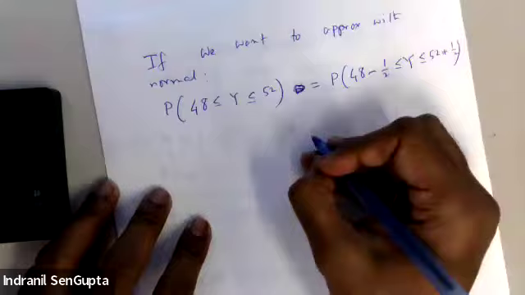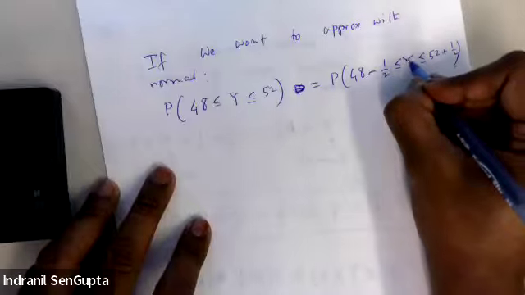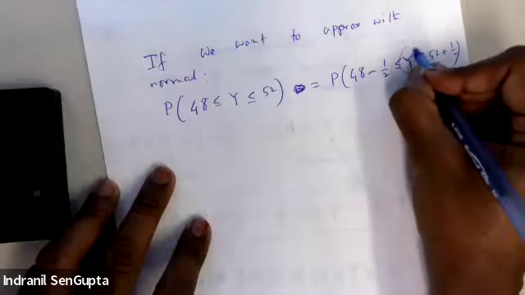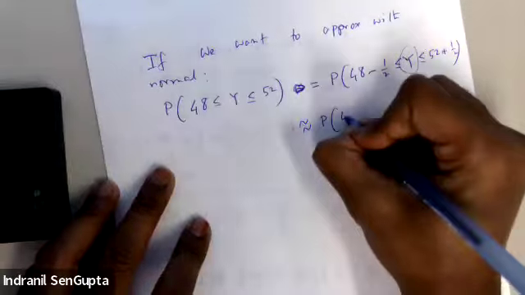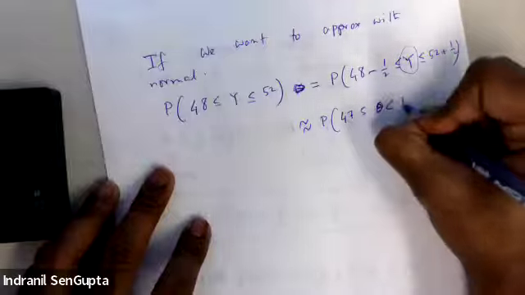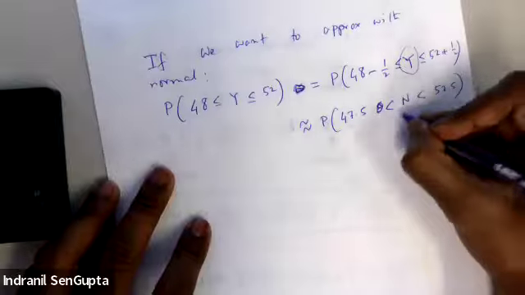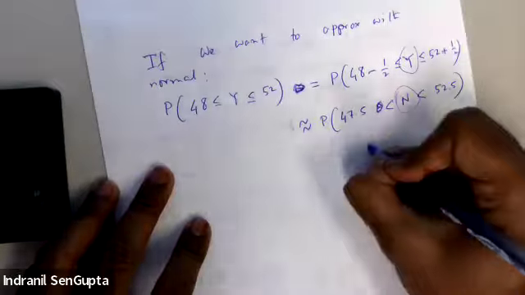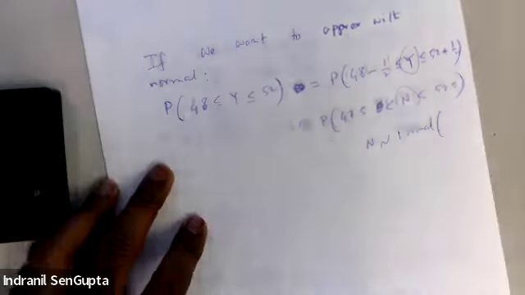Still y. Why is this true? Because when you compute, the y is still a discrete version. If I approximate this with the normal distribution, I'll have 47.5 less than n less than 52.5. Here n is the normal distribution. So n now follows the normal with mean 50 and variance 25.